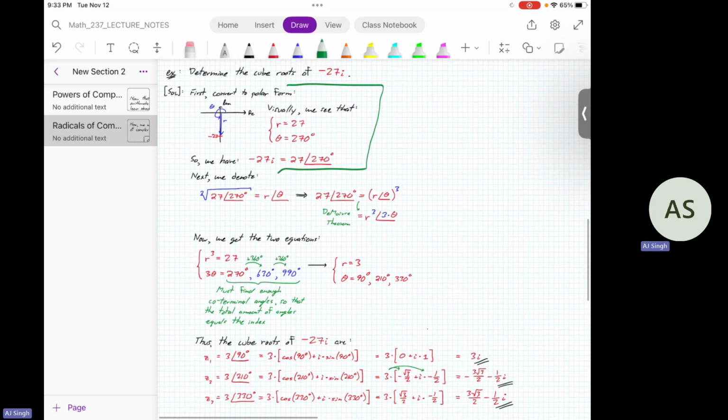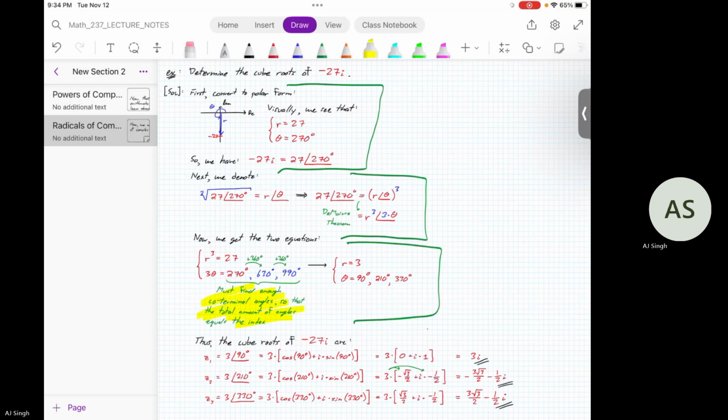So step 2 is all of this. And then step 3 is get the r and the theta. Be mindful of this yellow comment. We need to get coterminal angles. And then step 4, which ironically is the last step, the hardest step, is do all of this computation to get the answers.